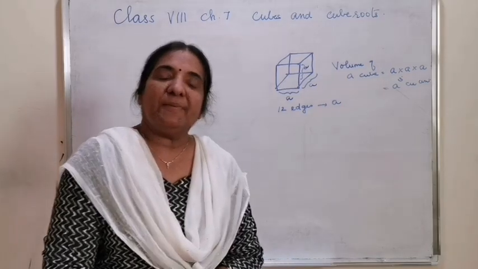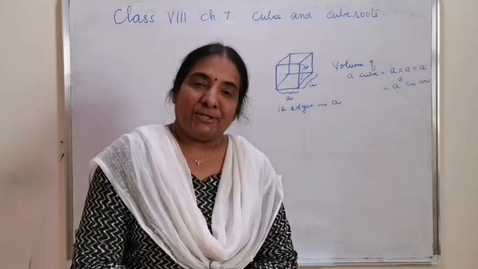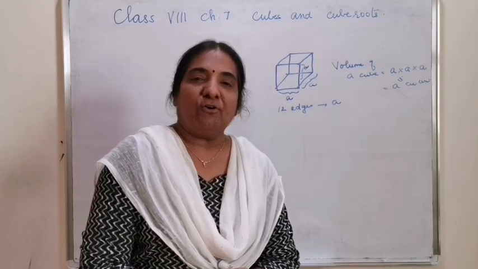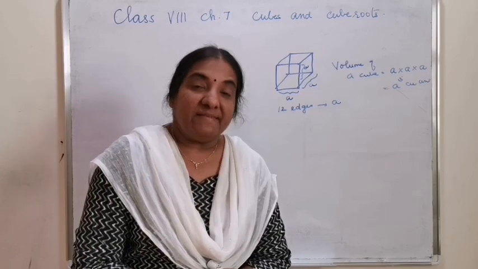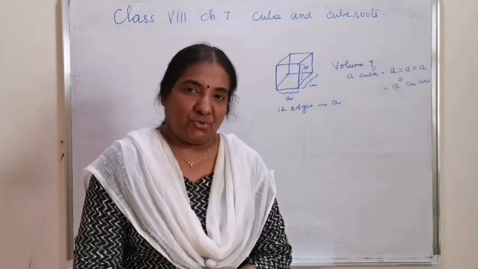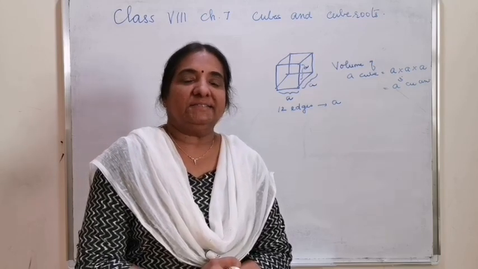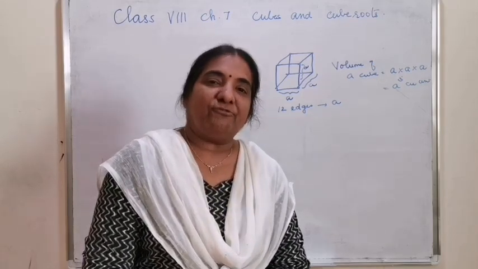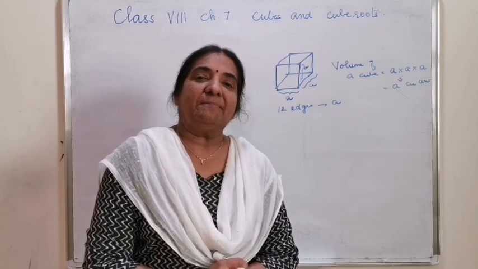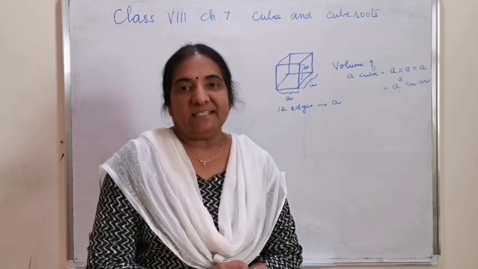So the word is familiar to you as a cube, the example of an ice cube, the dice you are playing with and so on. But the cube of a number is the product of a number multiplied by itself 3 times.